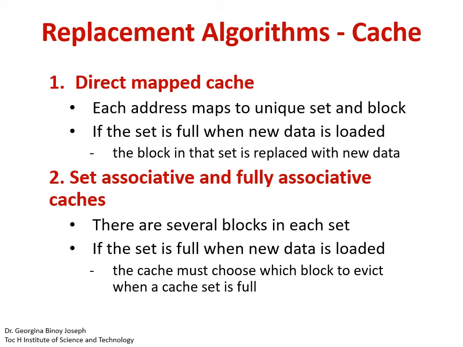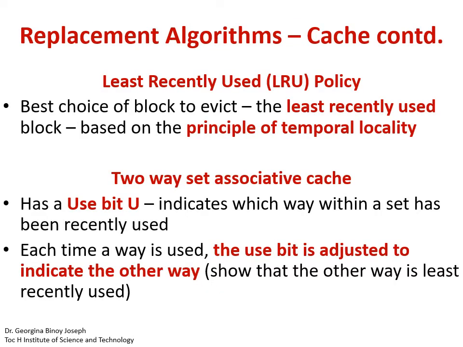So when new data has to come into the set, the cache must choose which block to evict when the cache set is full. One of the policies that is used for this is called the LRU policy, the least recently used policy. So the best choice is to evict the least recently used block. This is based on the principle of temporal locality.